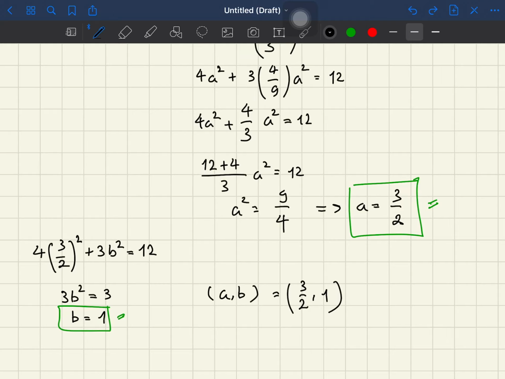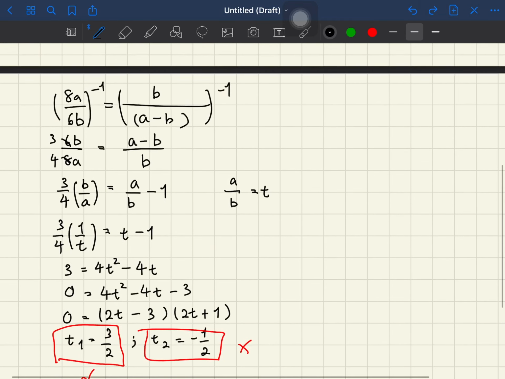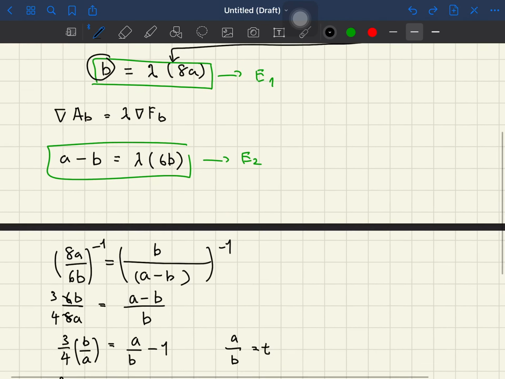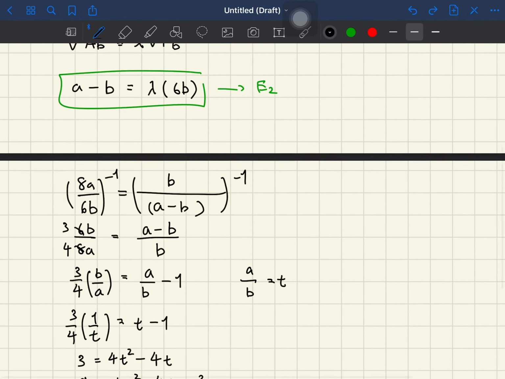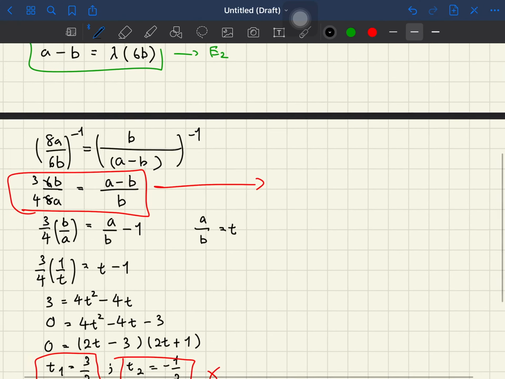Well, apart from solving the ratio T, you can also use elimination. After you divide E1 by E2, you can carry out cross multiplication from this step, and then you will get something like this.